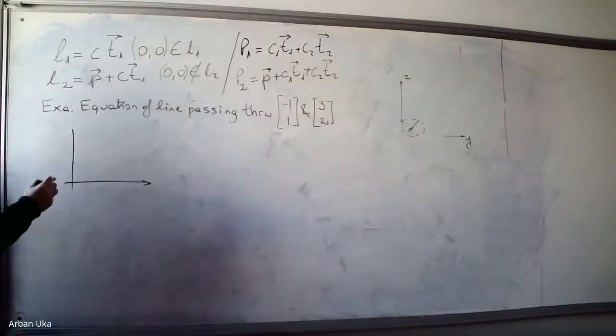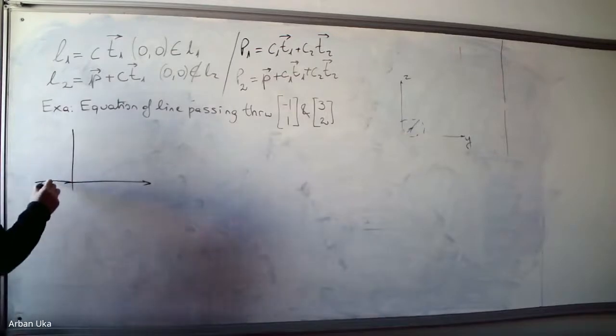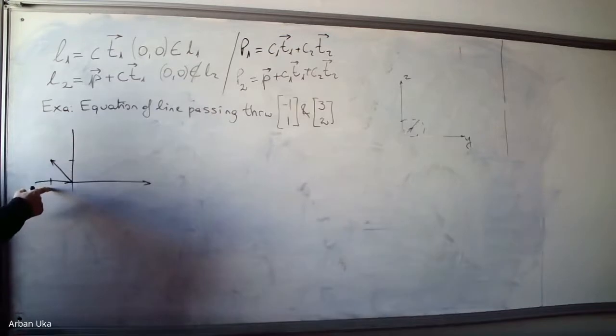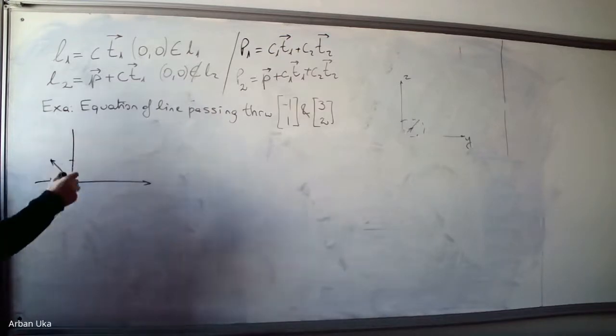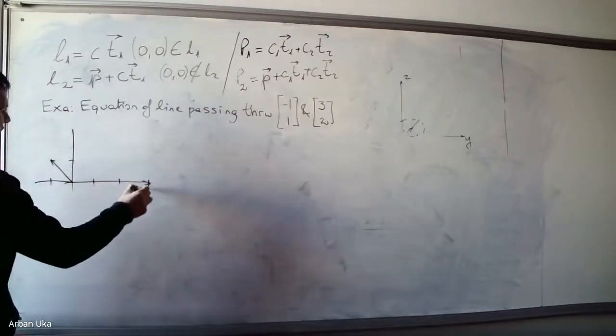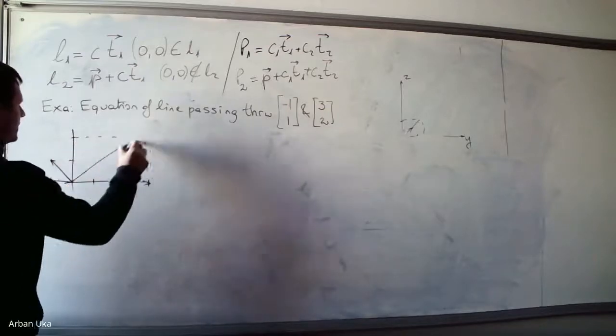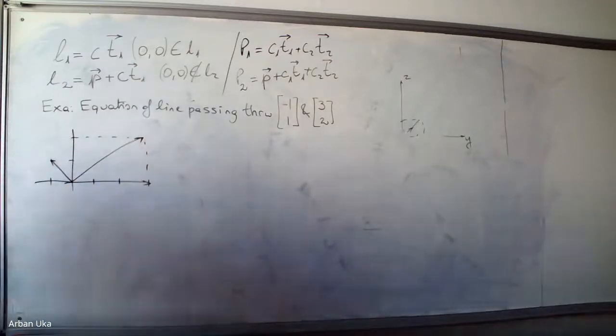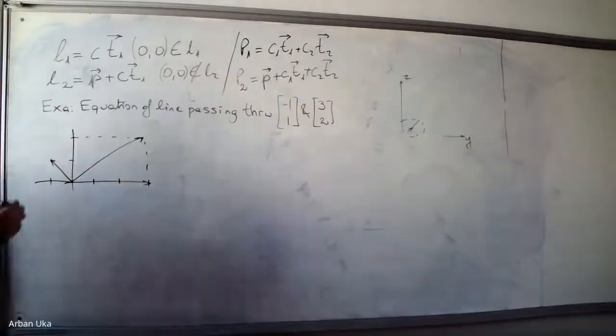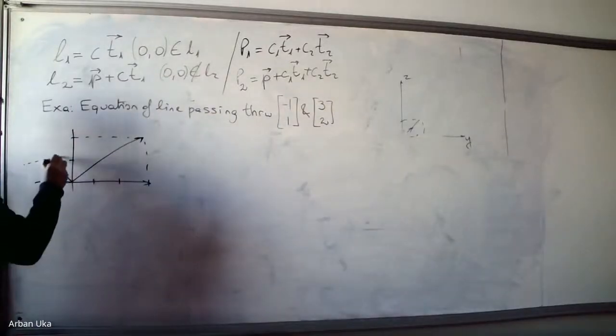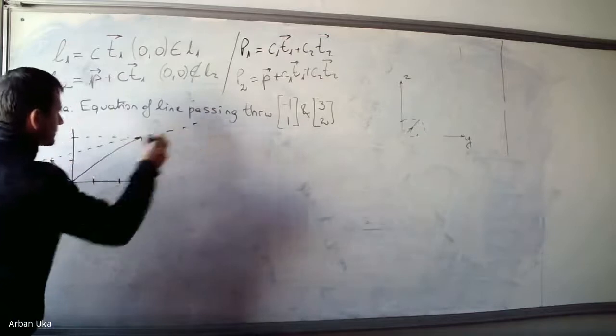So here we have a point (-1, 1). It's a point that looks like this, because x is -1, y is 1, and we have 3, 2, 1, 2, 3, 2. Here we are. So we have this other point. Now we are asked about the equation of a line that passes around here.